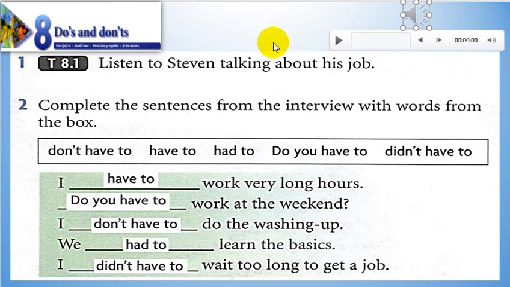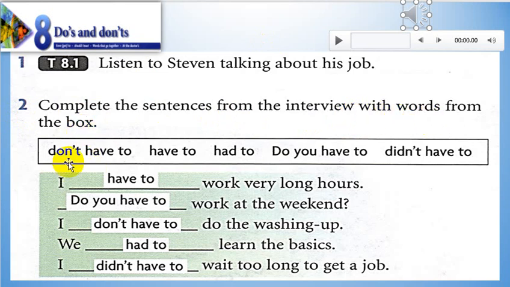Now, it's obviously that Stephen is talking about his job. This is an interview. His job is maybe a waiter or some sort of worker at the restaurant. Now, number 2, complete the sentences from the interview, which you've just heard, with words from the box.